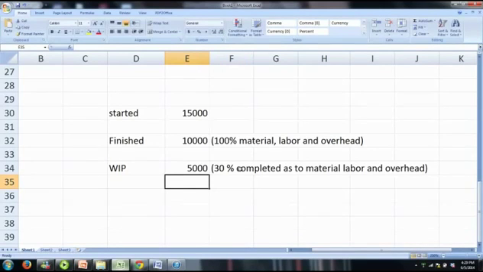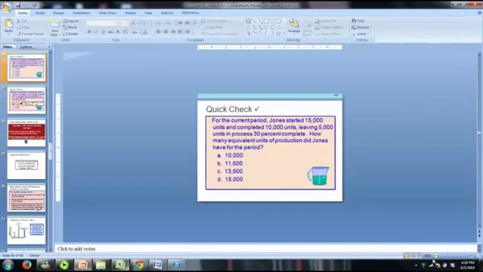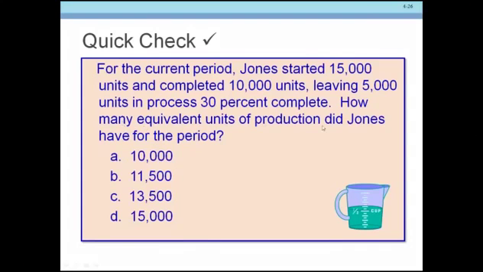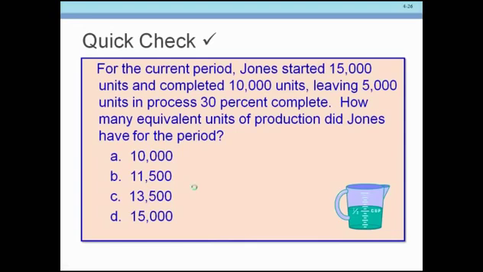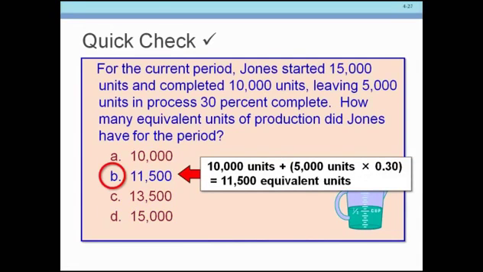So now, this is 30% completed, so the equivalent unit is 1,500. So the question is, how many equivalent units of production did Jones have for the period? And hopefully you know it's 11,500: 10,000 fully completed plus 5,000 units times 30%.